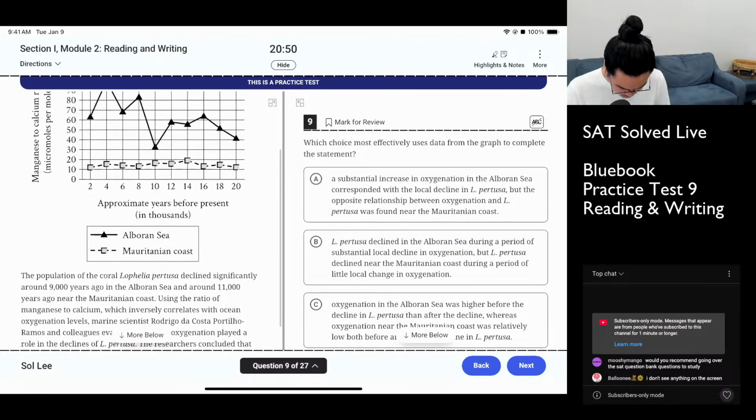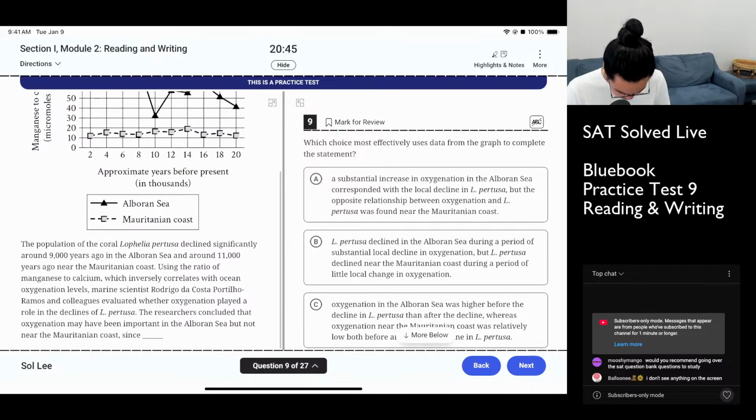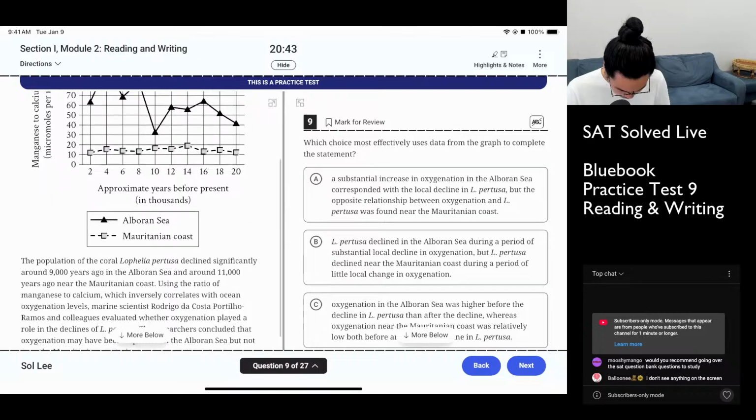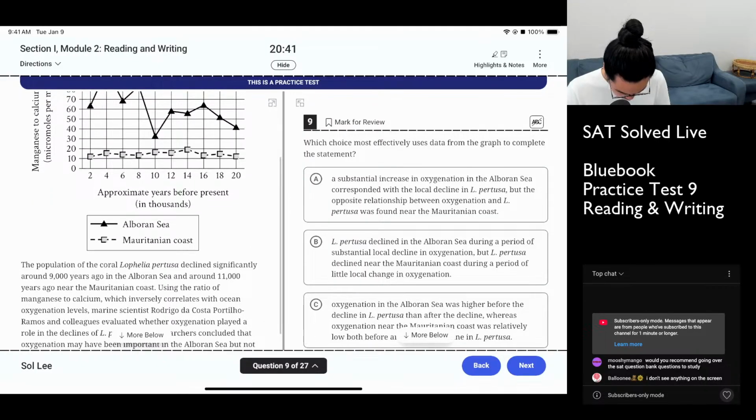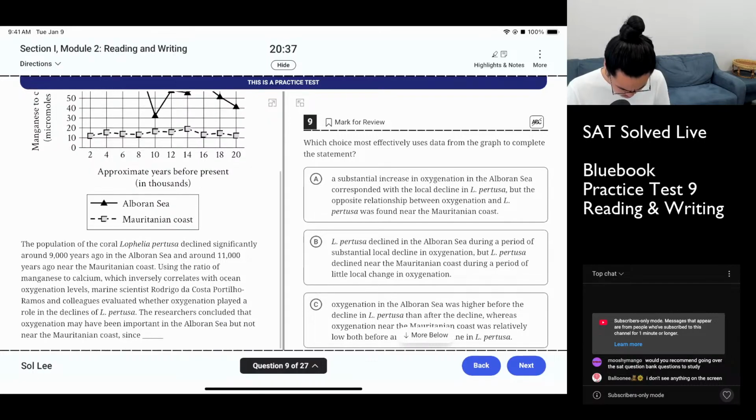And 11,000 years on the Mauritanian coast, when it was dropping, weirdly. Huh. Oh, on the Mauritanian coast, which is when it was the same, which is confusing as hell.